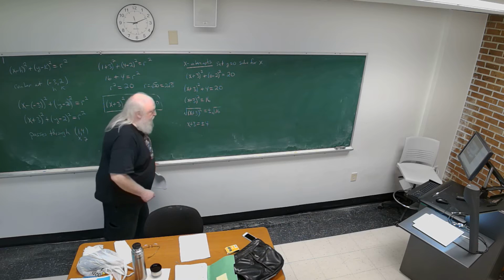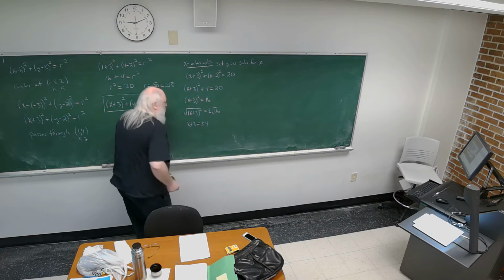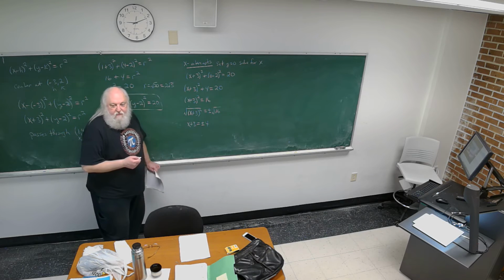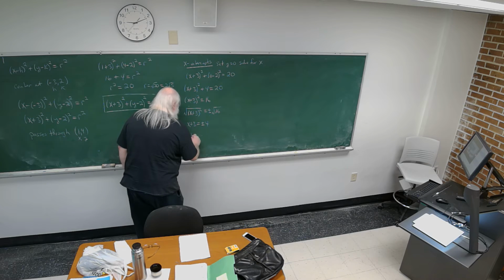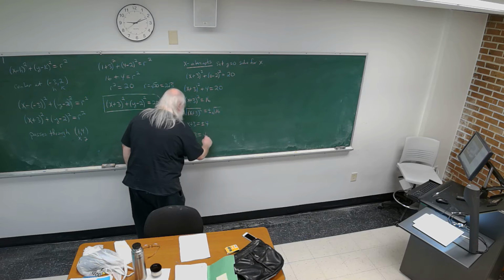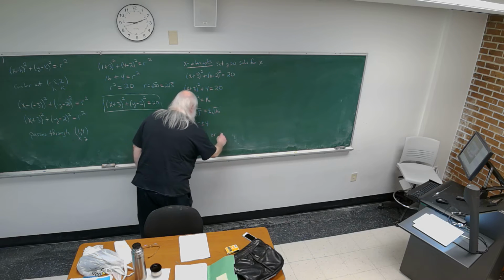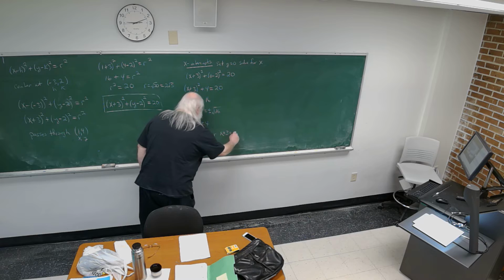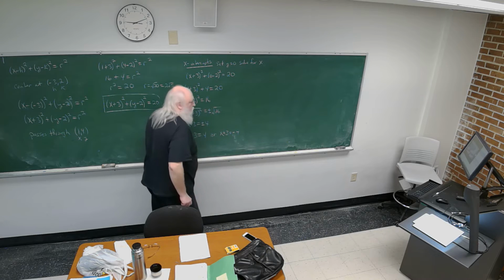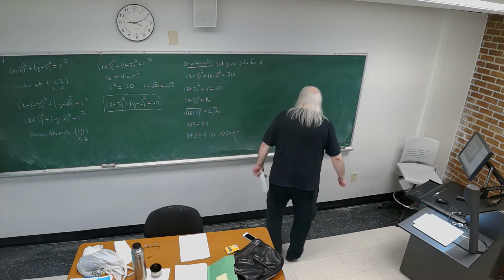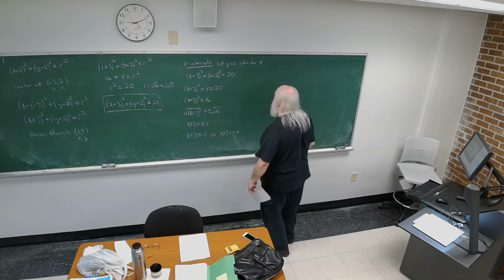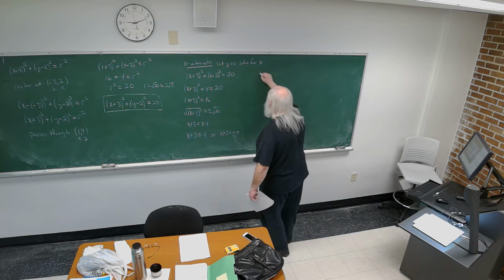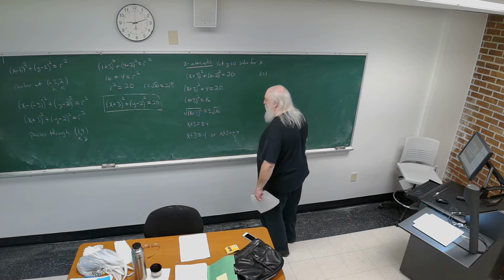So first you use the plus sign on the right-hand side, then you use the minus sign. So we have x plus 3 is equal to 4, or x plus 3 is equal to negative 4. In the first equation, you subtract 3 from both sides, and you get x is equal to 1.